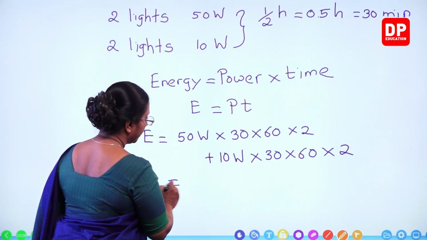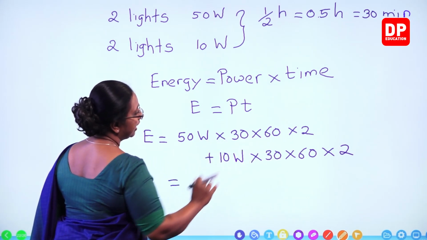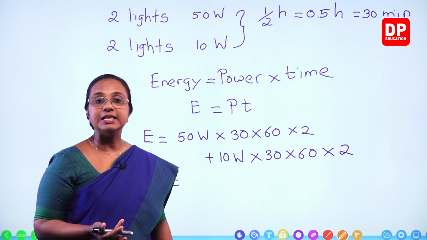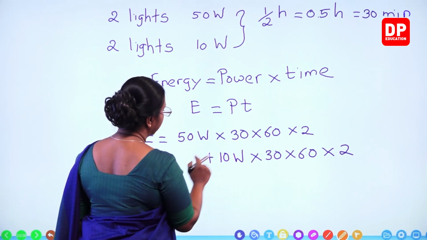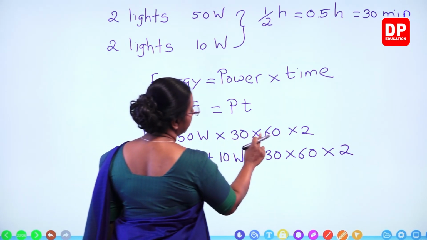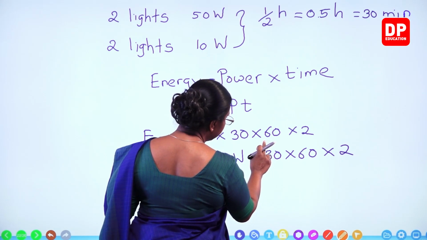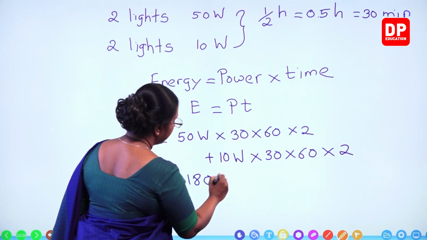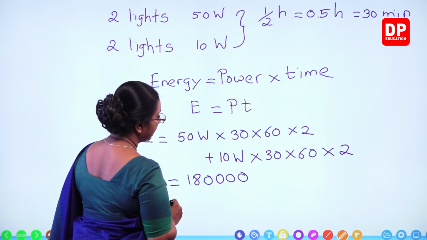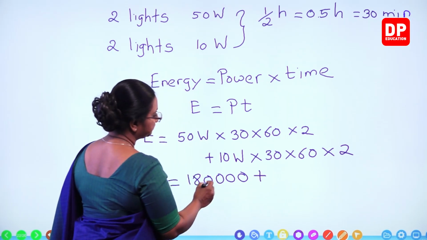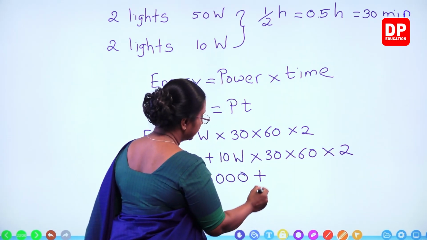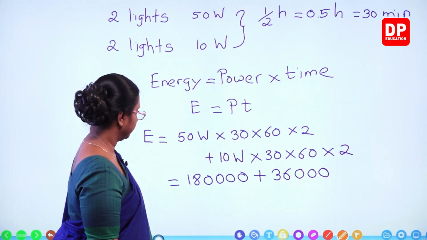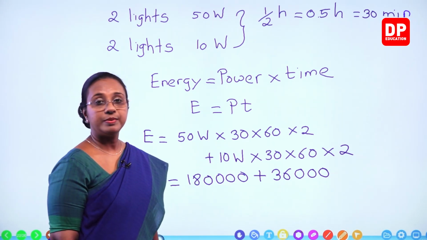Here, we can take either the common factors out and do the calculation, or directly multiply and calculate. So, if I calculate 5 into 3, 15, 15 into 6 is going to be 90, 90 into 2, 180, but there are 3 zeros. 180,000 plus 18 into 2, 36, and 36,000. So, that is how we can calculate.